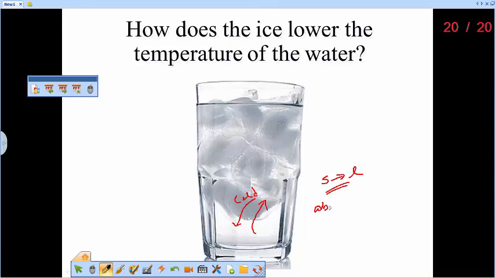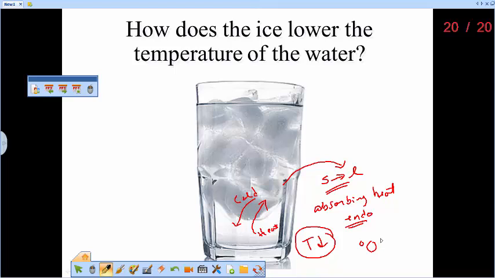So it is absorbing that heat, which means that heat is leaving the water going into the ice in order to go through this process, and the temperature of the water will drop. The temperature of the water will drop to the temperature of the ice as long as there is ice in there, and that will give you an equilibrium temperature of 0 degrees Celsius.